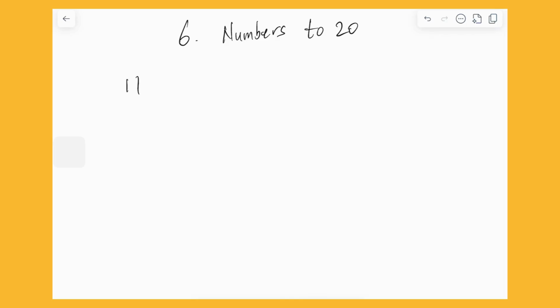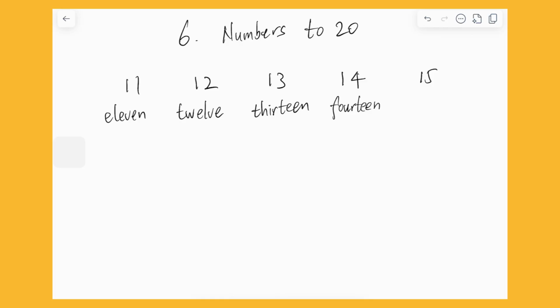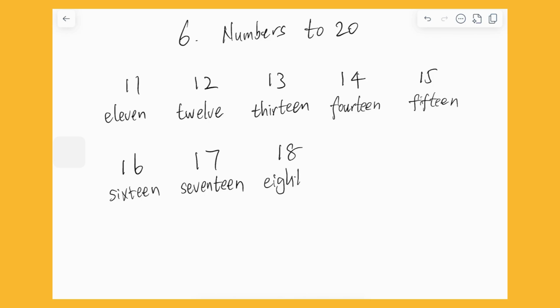We have 11, 12, 13, 14, 15, 16, 17, 18, 19, and we have 20.